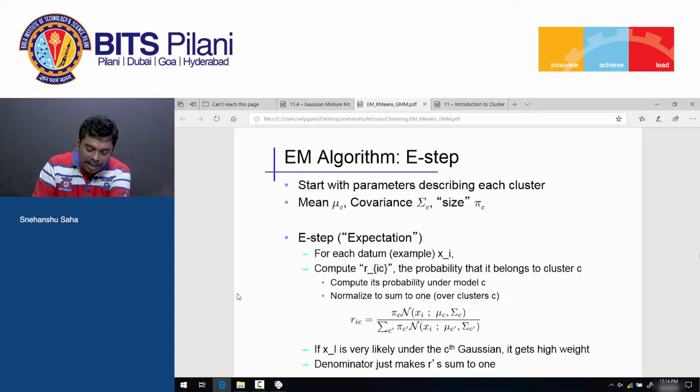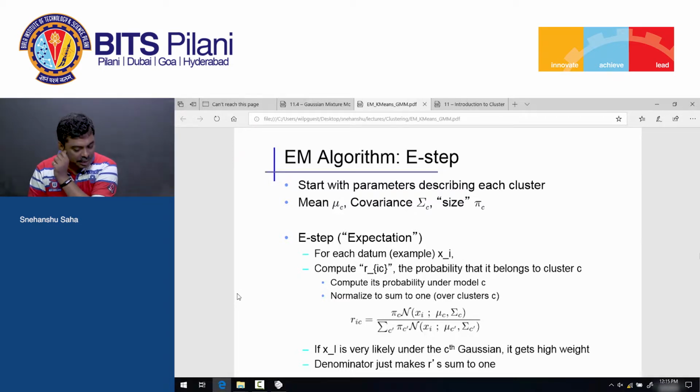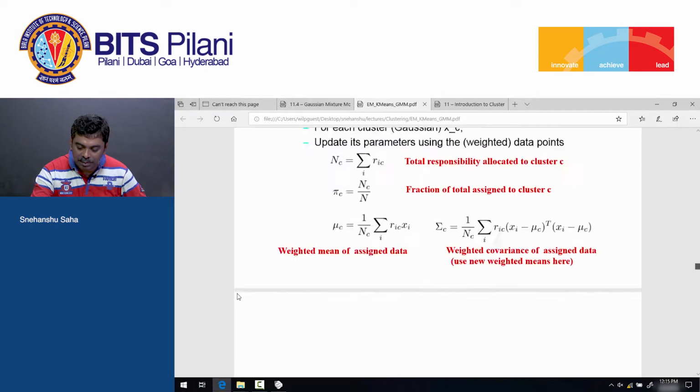Multiply that with the pi, which is the respective belongingness of the data point to that particular cluster, and then normalize it over all clusters so that your responsibility index is a value between 0 and 1. So if a particular data point is very likely to be under some particular Gaussian, which is a cluster, the weight is very high, and the denominator is just a normalizing factor. So this is the Gaussian mixture model.